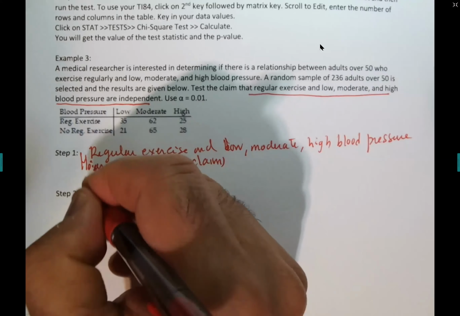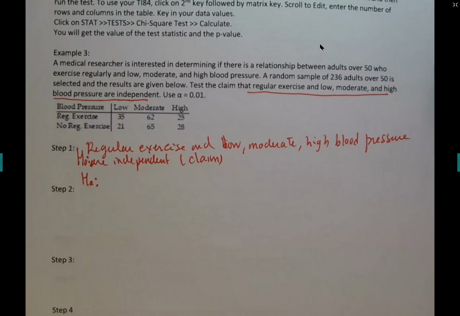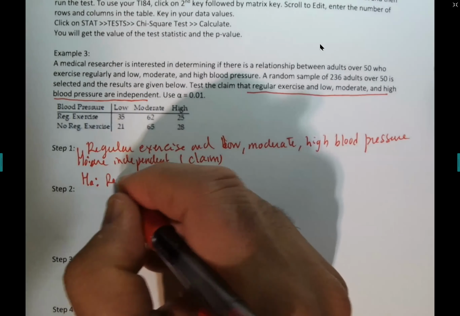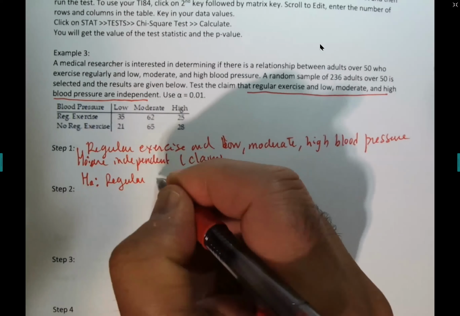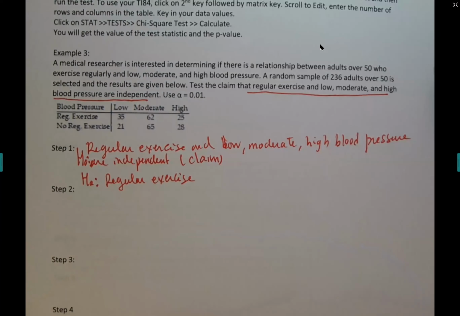Would the students help me state HA? Regular exercise. Probably here you tell me, can we put the variables are independent, the variables are dependent? Well, if you're doing this online, it's not going to say the word variable. It's going to tell you exactly what the variables are, so you just select that. But if it says variables are independent, variables are dependent, just select it.